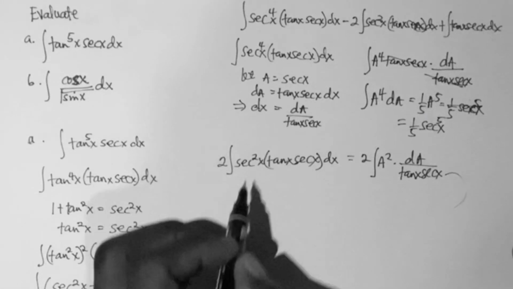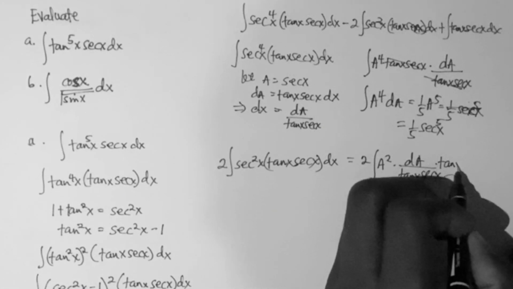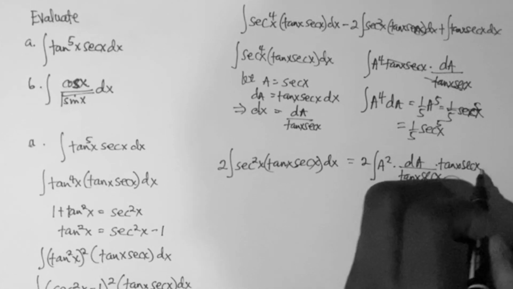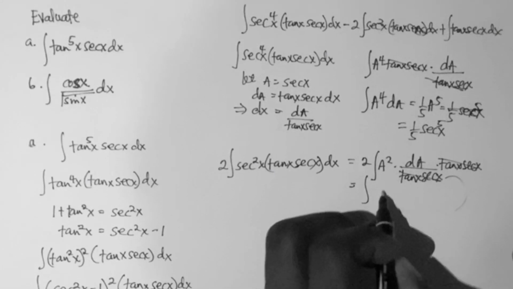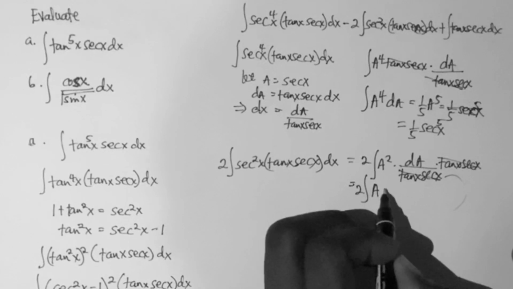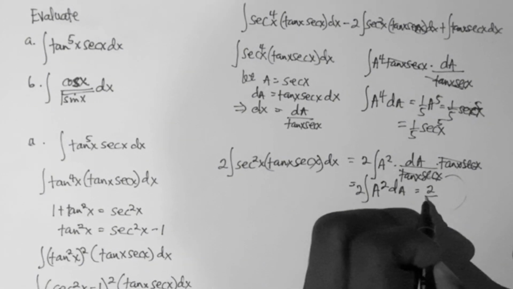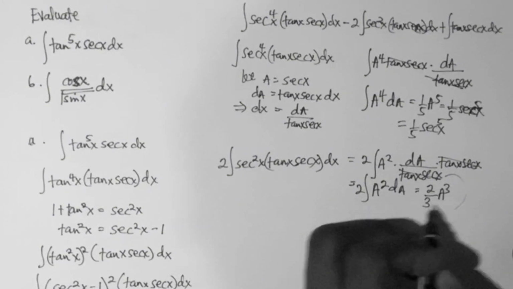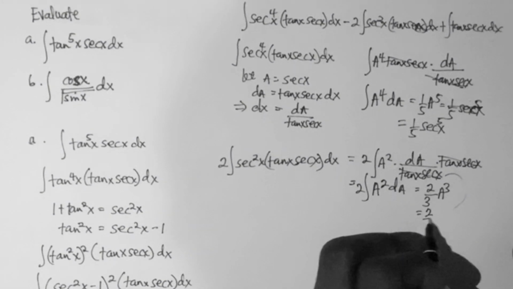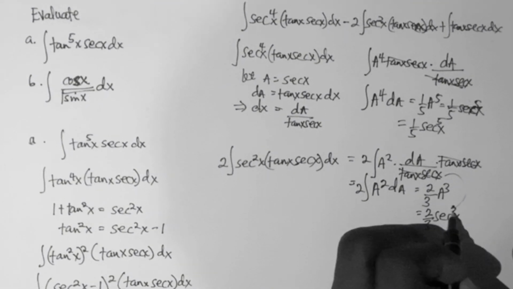But there is a tan x sec x here, so that and this one will cancel. So this is equal to integral of 2a squared da, and that's equal to 2 over 3 a exponent 3, and that is equal to 2 over 3 sec x exponent 3.